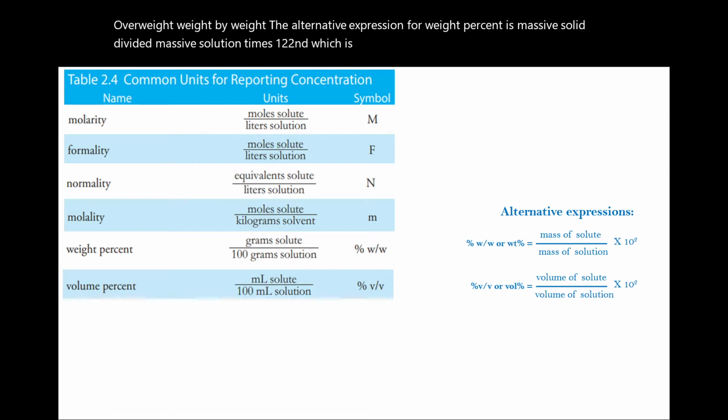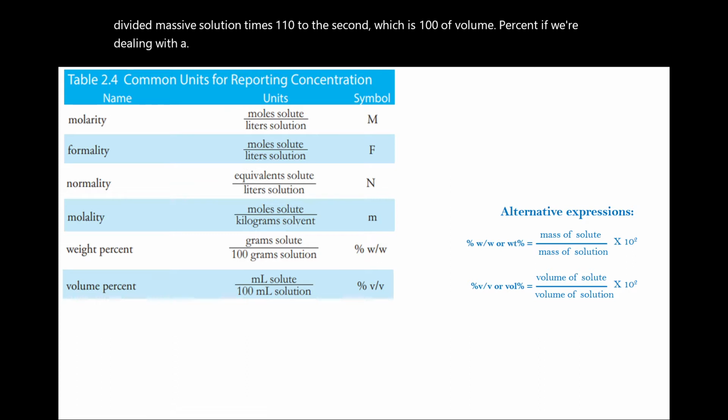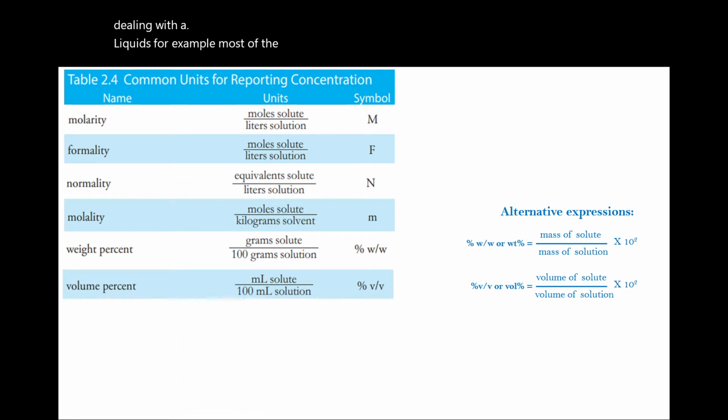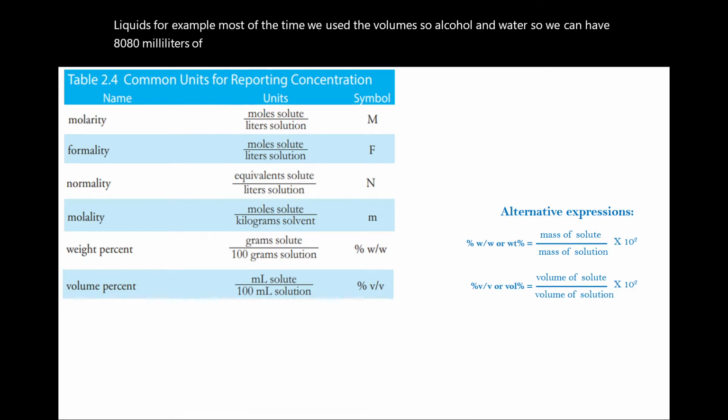Volume percent: if we're dealing with liquids, for example, most of the time we use the volumes, so alcohol and water. We can have 80 milliliters of water, 20 milliliters of alcohol, so that we will use volume instead of mass.